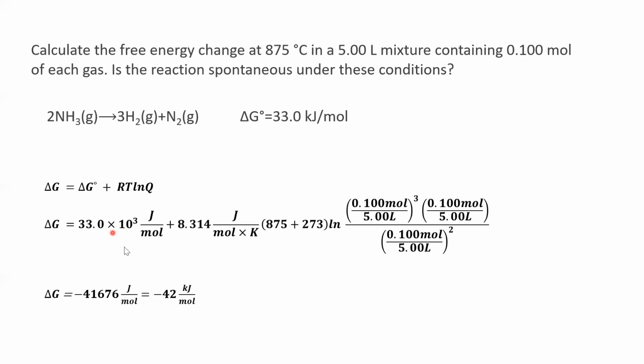What that gives us is the free energy change associated with this reaction at these non-standard conditions. And the value is negative, which means at these conditions, this reaction would be spontaneous. But at standard conditions, the value is positive and it would not be spontaneous.